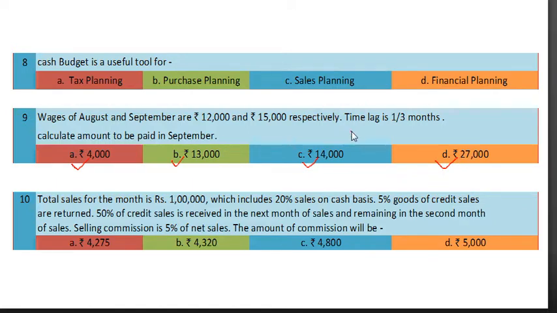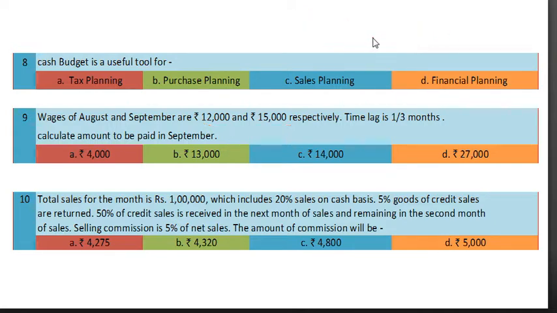So in the month of September, wages of month August will be paid 1/3 and that of September 2/3. So 1/3 of 12,000 will be 4,000 plus 2/3 of 15,000 will be 10,000. So in the month of September we will pay total wages rupees 14,000.